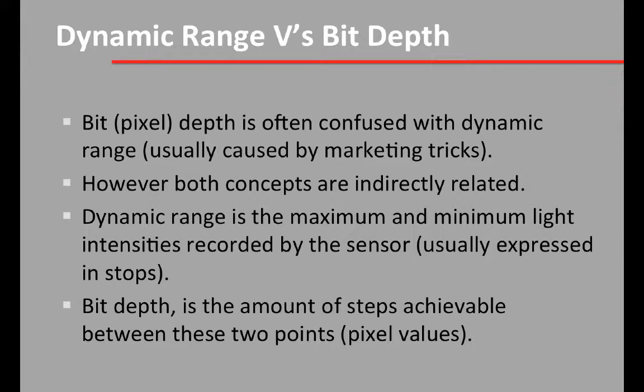So what I'm going to try to do is separate that, because dynamic range is, as we just discussed, the capacity to record a range of the brightest and darkest tones that the camera can record. And bit depth actually refers to the tonal range, how many variations between those 2 points. So dynamic range is a different concept to bit depth.